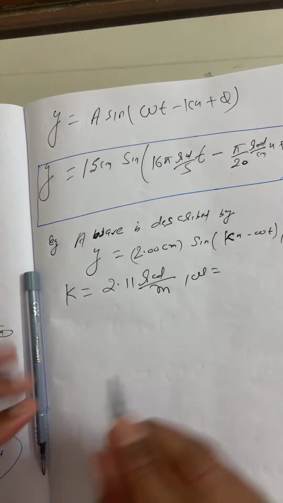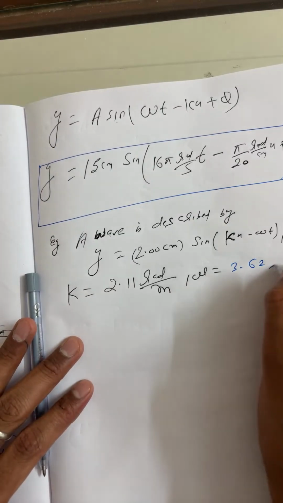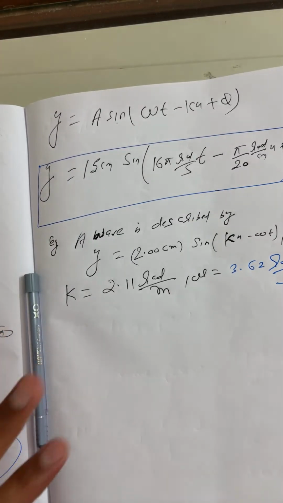Omega you can take as 3.62 radian per second.